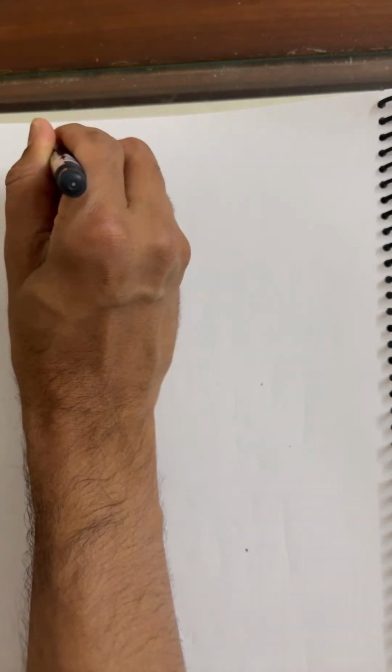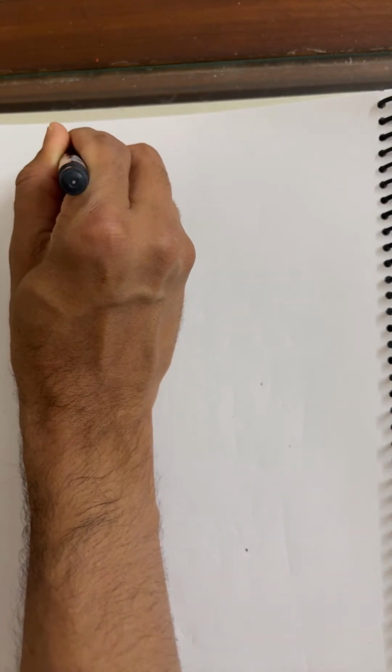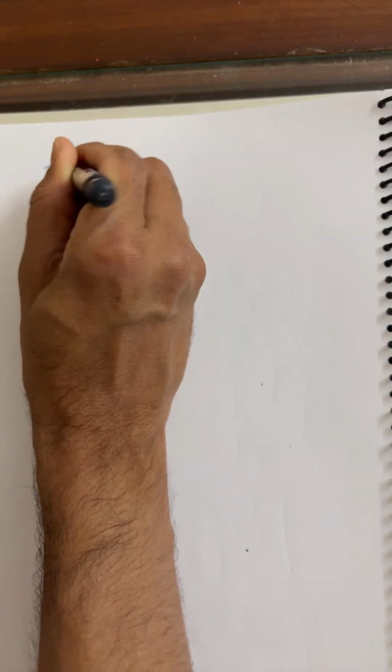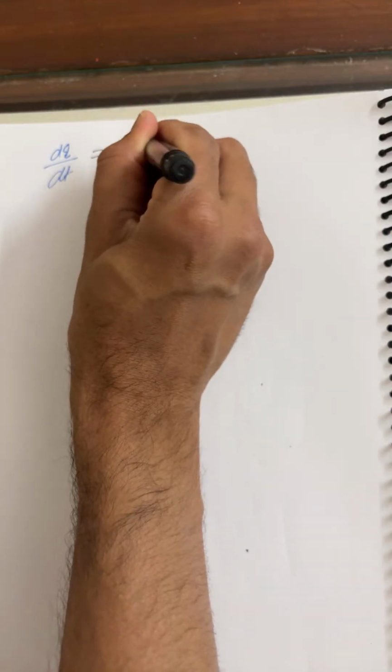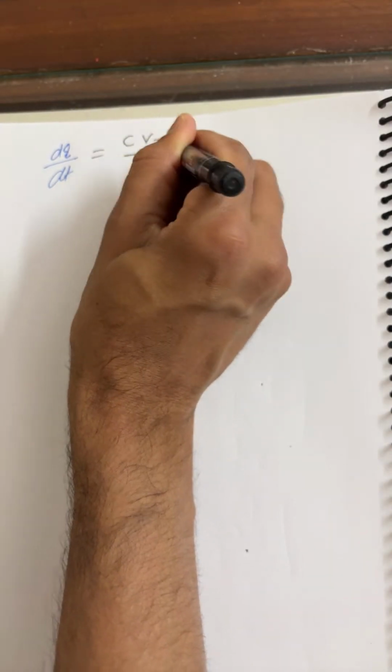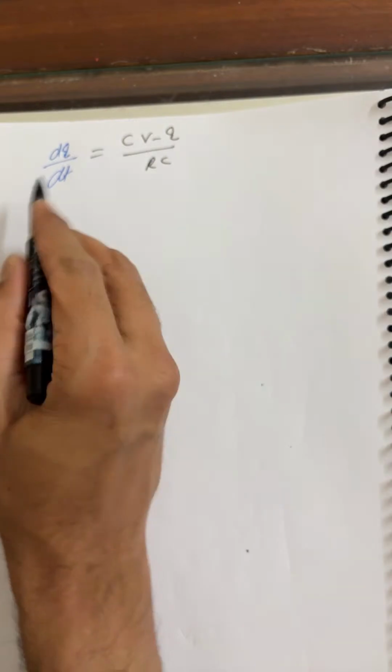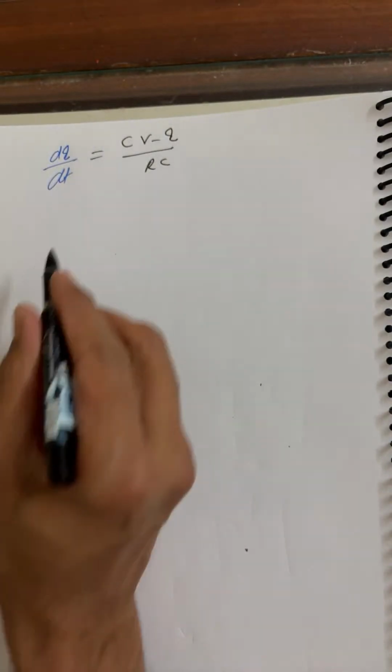Just go through this. dq by dt is equal to CV minus Q upon RC. I'm going to apply variable separable.